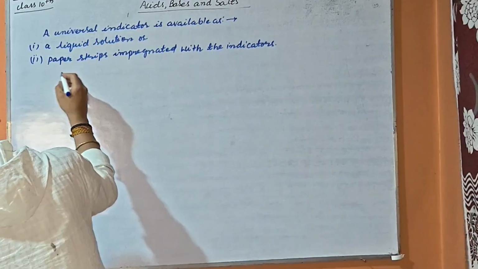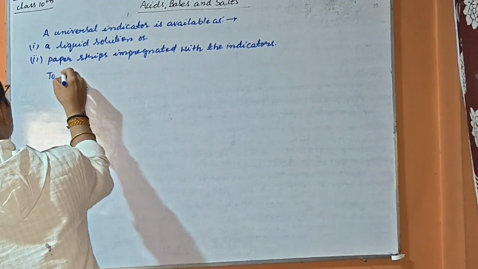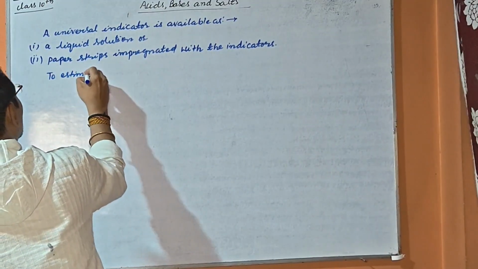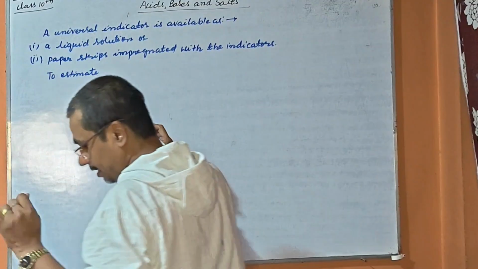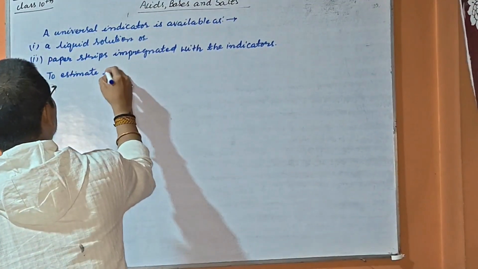To estimate the pH of a solution, how can we estimate the pH of a solution with an indicator?